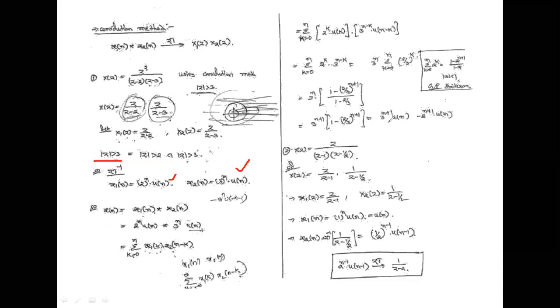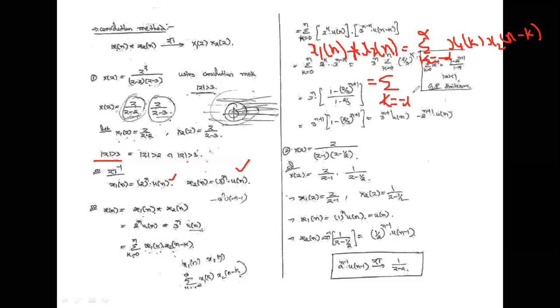According to the functions, x1 of n convolved with x2 of n, the formula is the sum of k equal to minus infinity to infinity, x1 of k, x2 of n minus k. This is the formula for the convolution of discrete time functions.